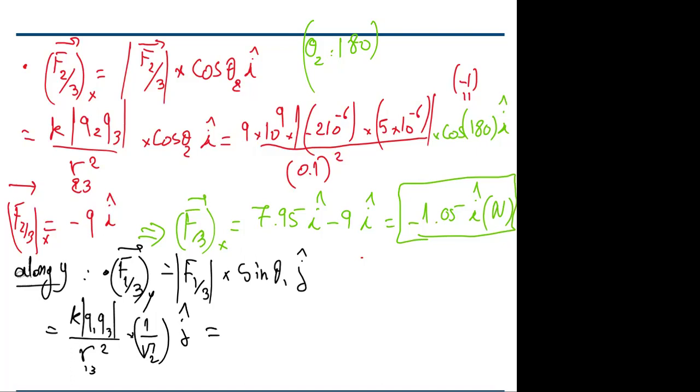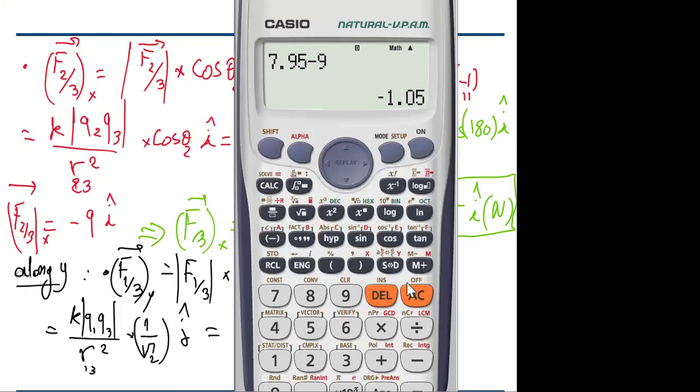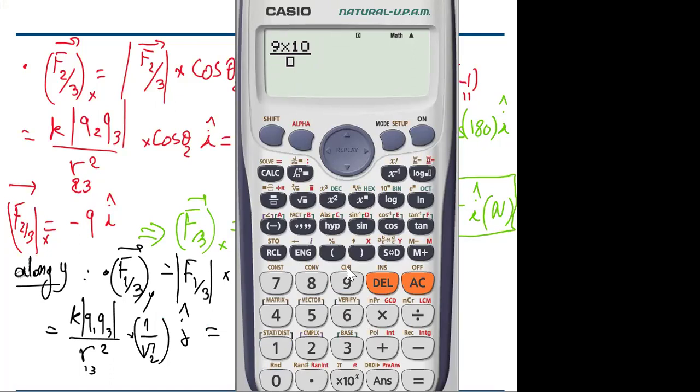Good. So what is the result here? So let me write. 9 times 10 power 9 times q1 and q3, both 5 times 10 power negative 6 times 5 times 10 power negative 6, divided by square root of 2a, multiplied by 0.1.